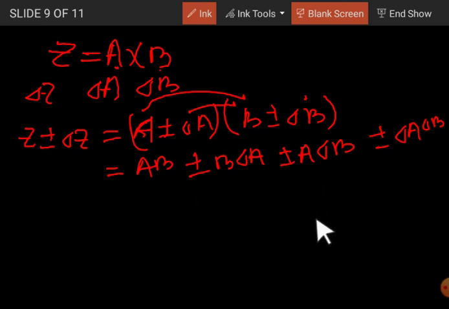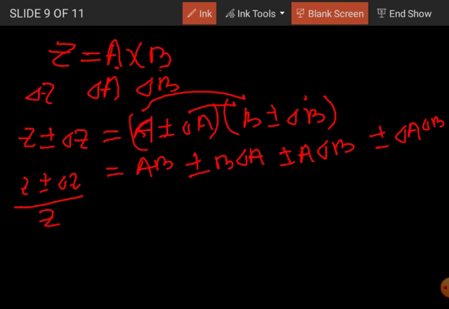Now on the left hand side, it will be z plus minus delta z. If you divide this expression by z, you will get it like this. You divide both sides by z.